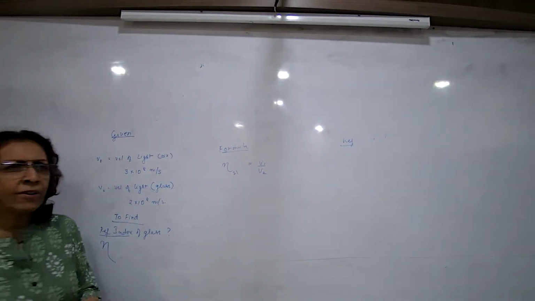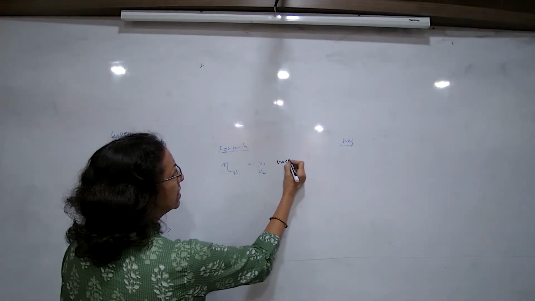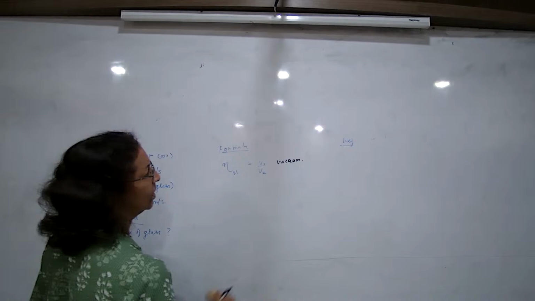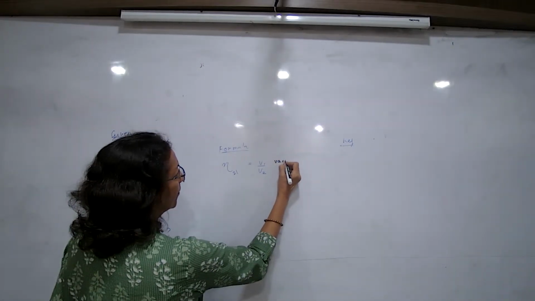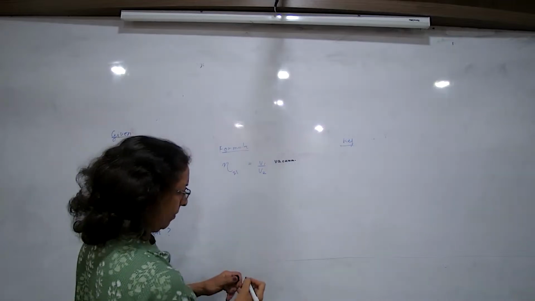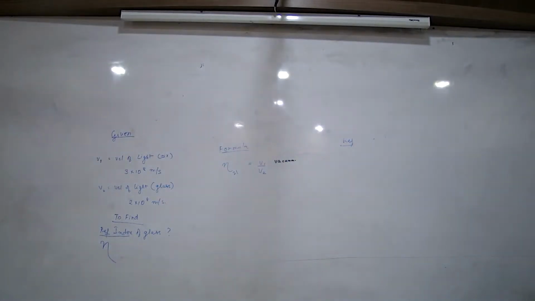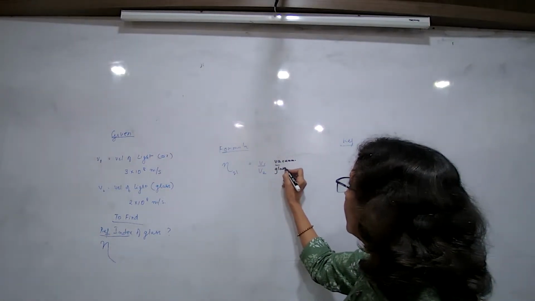What if medium 1 is not air and let us say it is vacuum? Okay, what if it is vacuum? And this is, let us say, whatever it is, glass or whatever it is.